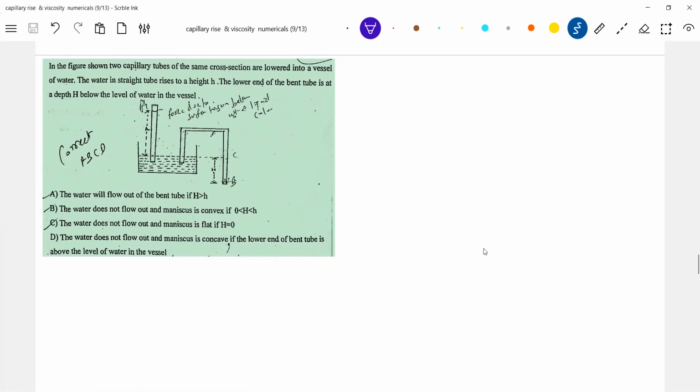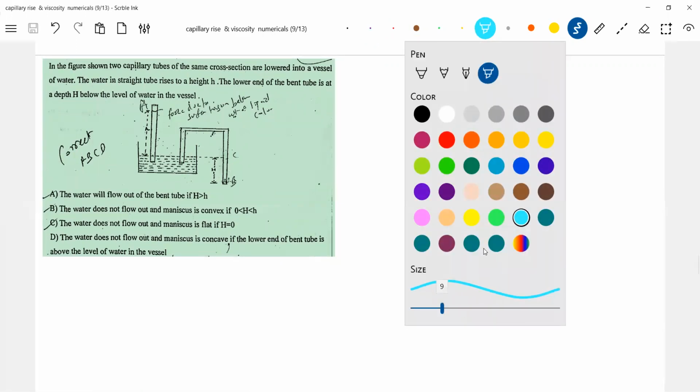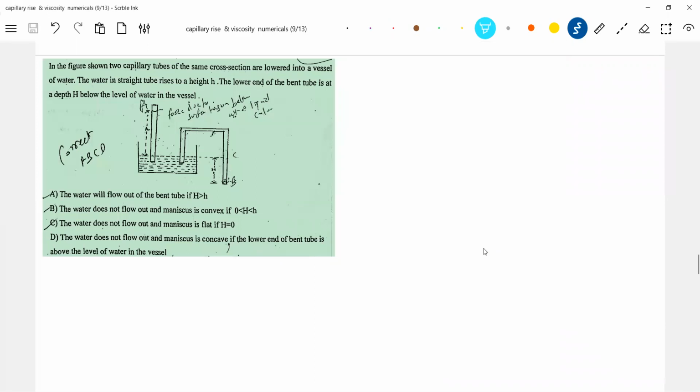Who will balance the weight of the liquid? There's a liquid. Okay, please do think.